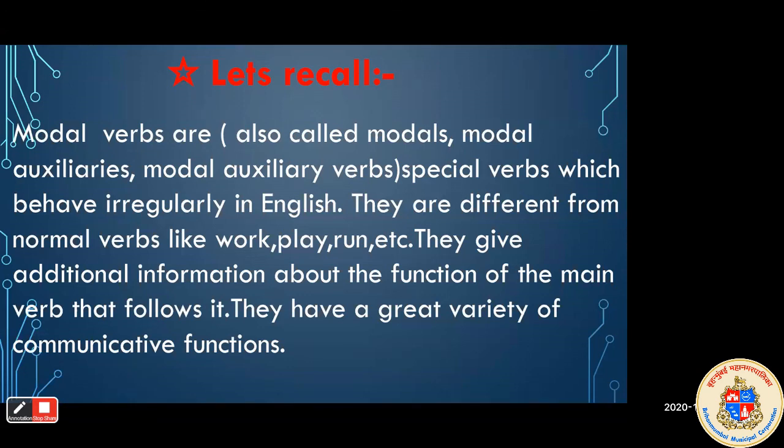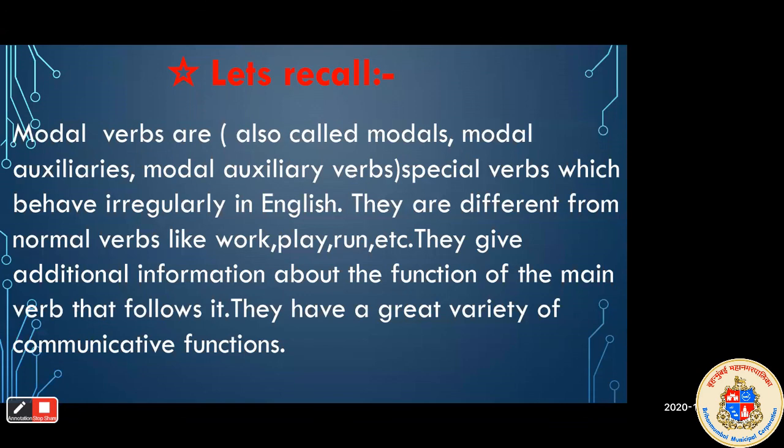They are different from the normal verbs. The normal verbs are action words like work, run, play, eat. All these are normal action verbs, but modal verbs are different, and they give additional information about the function of the main verb that follows them. So we always have to use the main verb with the modal verb. Listen carefully.